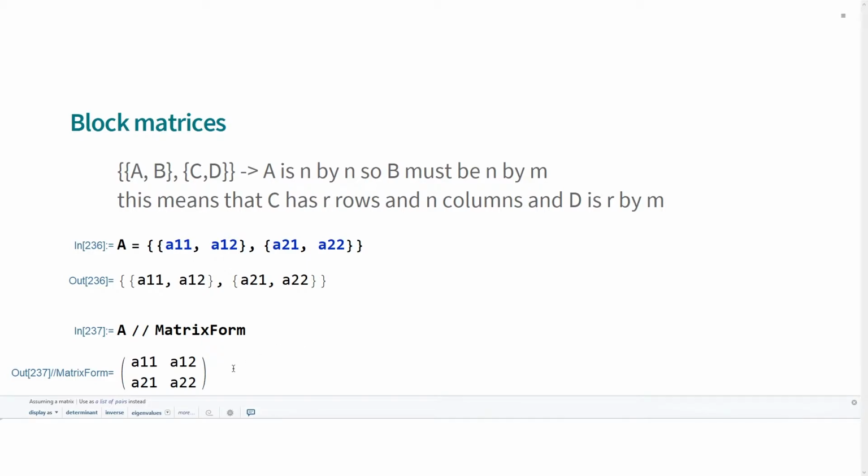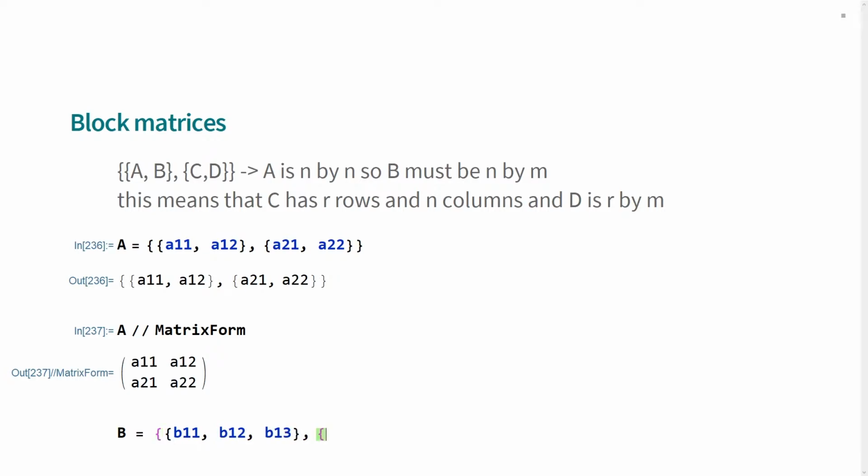Now, if I was going to put a matrix over here to the side of it, it has to have the same number of rows if that's going to be in a block. So let's define a matrix B. B can have an arbitrary number of columns, but it must have 2 rows. So let's define B to be a 2 by 3 matrix: B11, B12, B13, and then B21, B22, B23.